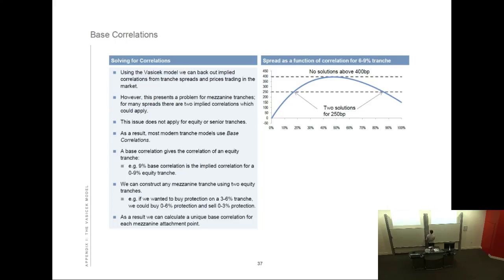This mezzanine tranche is one equity tranche that attaches at the attachment point. This should have always said A. This should have always said B. And one equity tranche that attaches at the detachment point.